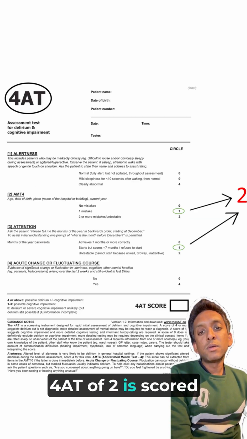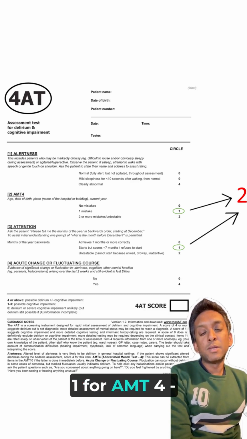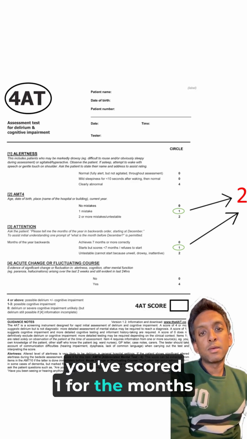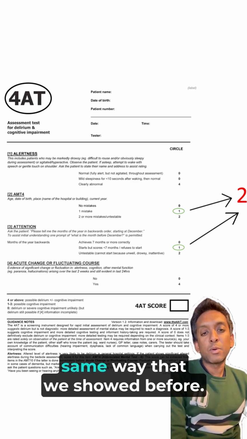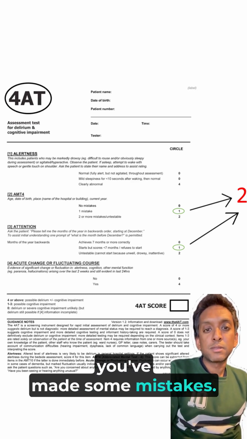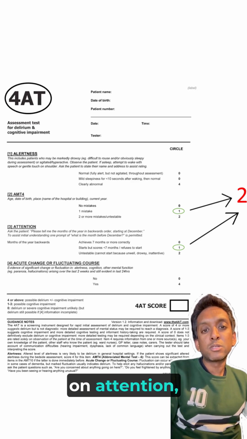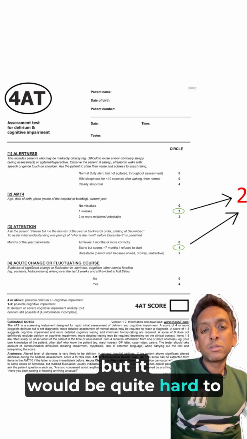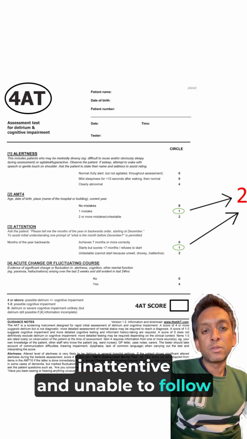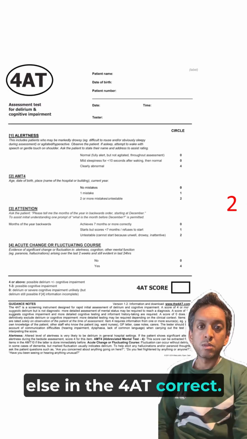A 4AT of 2 is scored in one of two ways. So you might have scored 1 for AMT4, you've made one mistake there, and you've scored 1 for the months of the year backwards in the same way that we showed before. You've refused to start, or you've made some mistakes. You can see that there is a way to score 2 points on attention, but it would be quite hard to score 2 for being very inattentive and unable to follow the question, and somehow still get everything else in the 4AT correctly.